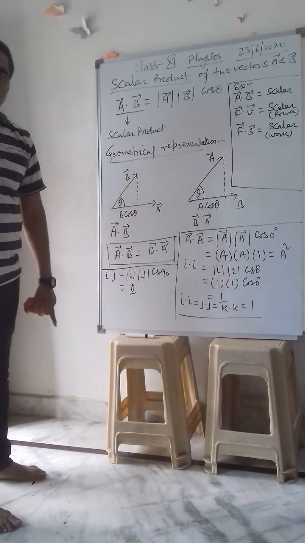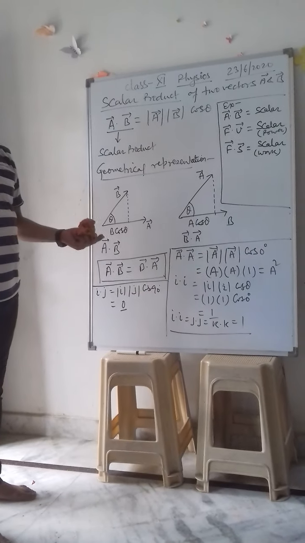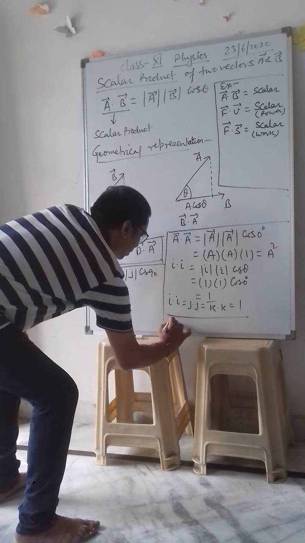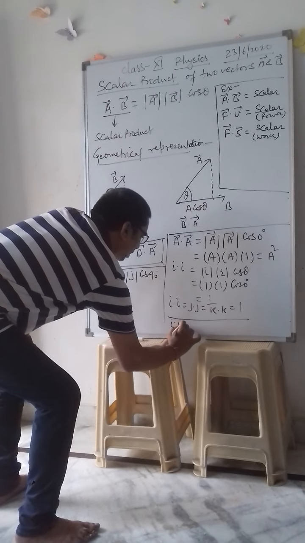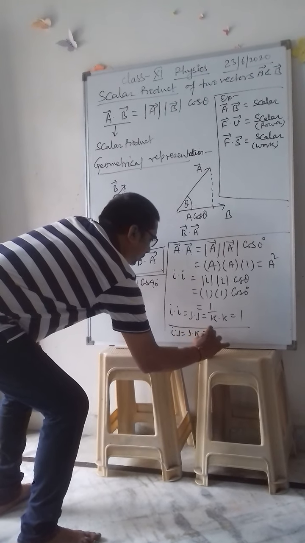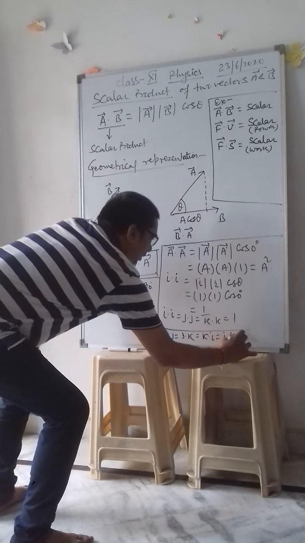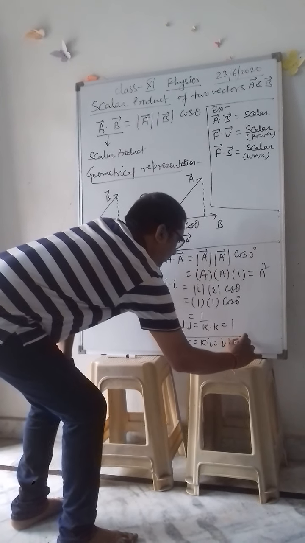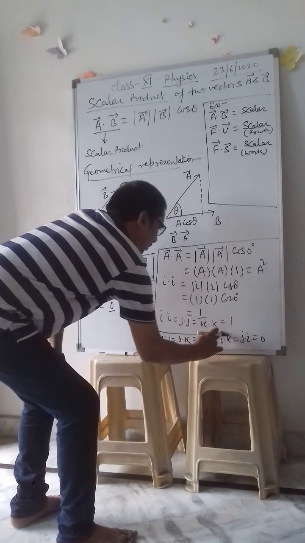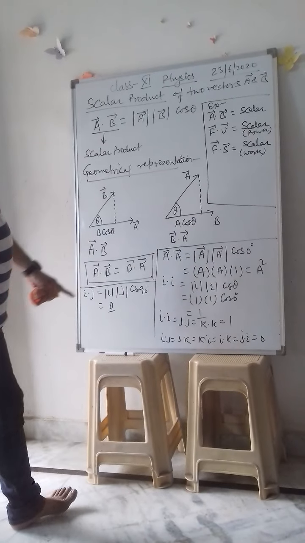So I dot J, J dot K, K dot I all are equal to 0. So we can write I dot J is equal to J dot K is equal to K dot I is equal to I dot K is equal to J dot I, always equal to 0.